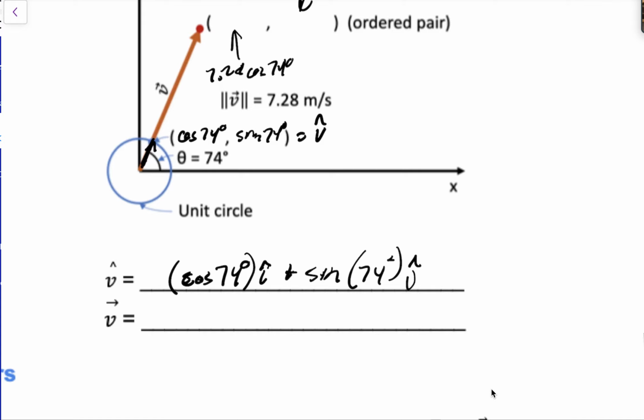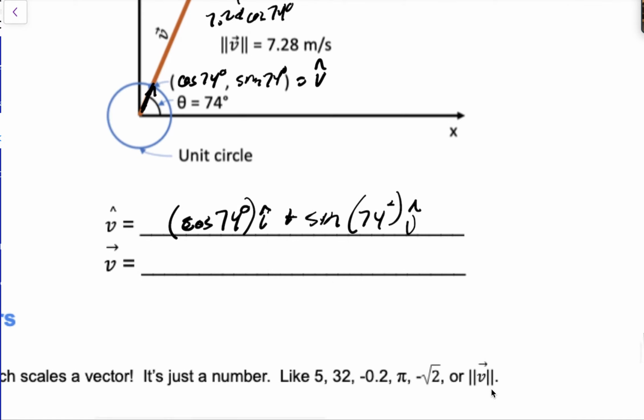That is my v hat vector. And v is simply 7.28 times v hat. I can write that in. Well, let's go ahead and be explicit. Cosine 74 degrees i hat plus sine 74 degrees j hat, close parentheses, another parentheses there.